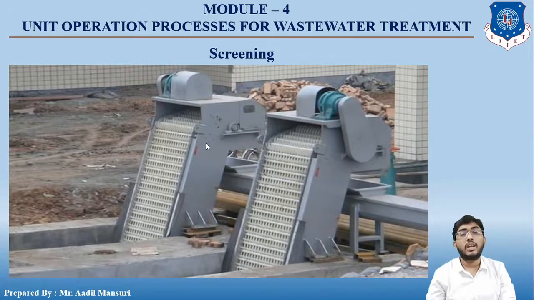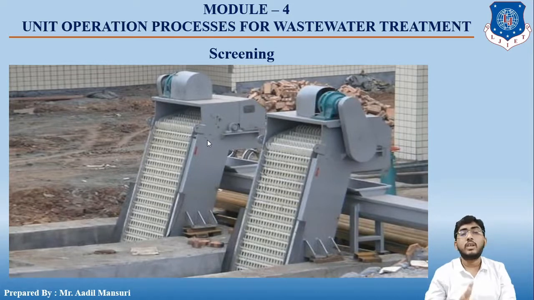The total amount of screenings may be 0.03 to 0.08 meter cube per million liters of wastewater. It means that for an inflow of 1 million liters of wastewater, there may be screenings of 0.03 to 0.08 meter cube.